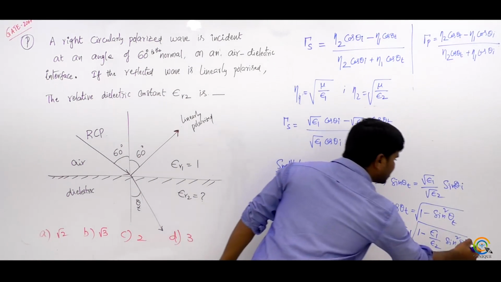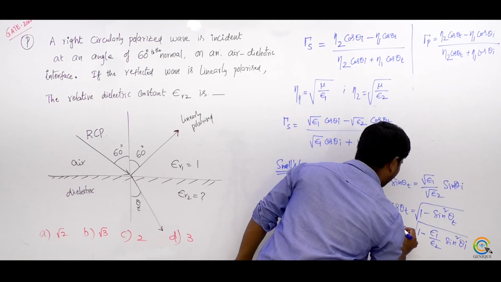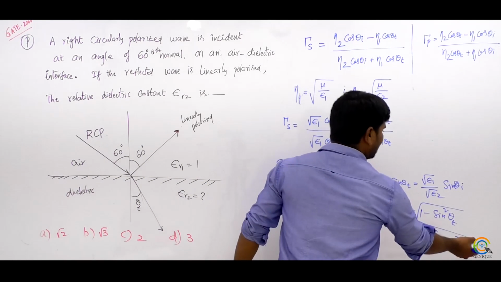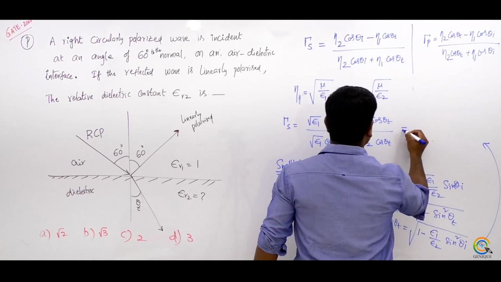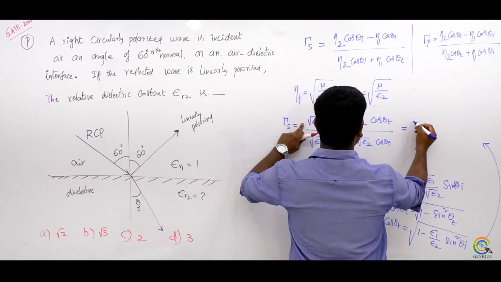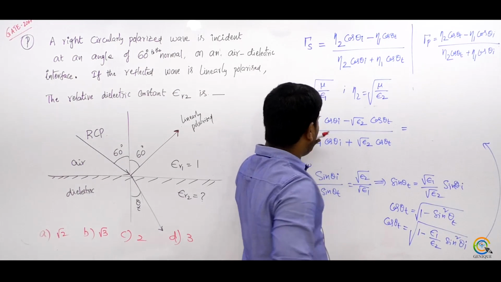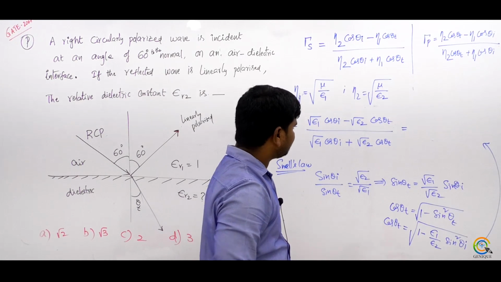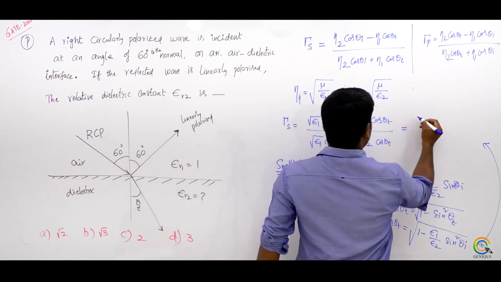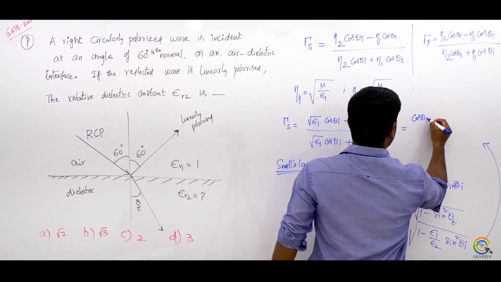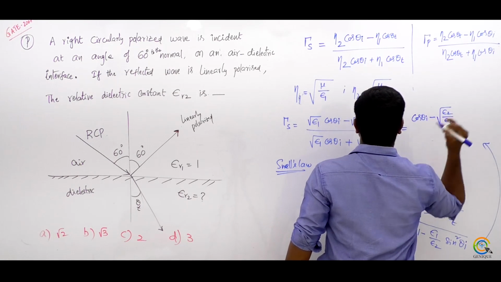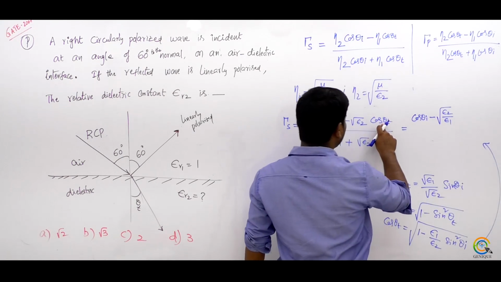So this is the cos theta t. If I put this equation here, then what will I get? Dividing with epsilon 1, this will be cos theta I minus root epsilon 2 divided by epsilon 1 cos theta t.